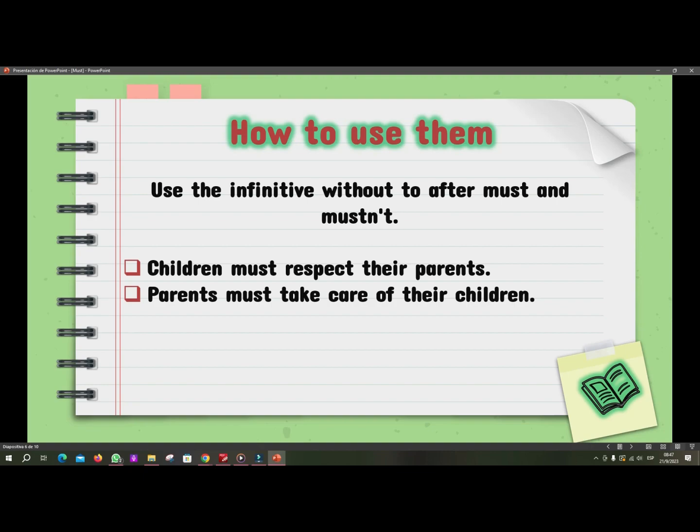Y también recuerden que no necesitan utilizar la preposición to, solamente en have to y has to, porque ya el modal verb lo utiliza, pero con los demás no, solamente el modal verb y el verbo en su forma base.